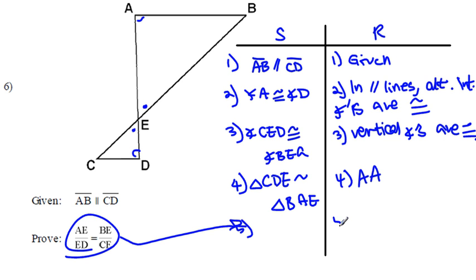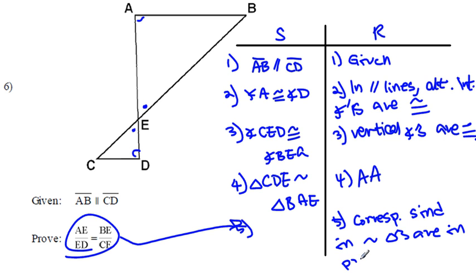And number 5 will be corresponding sides in similar triangles are in proportion. All right, that's it. Let us move on to number 6.